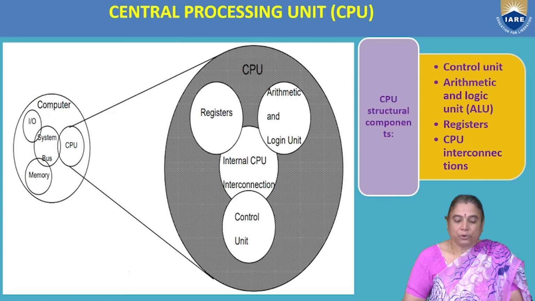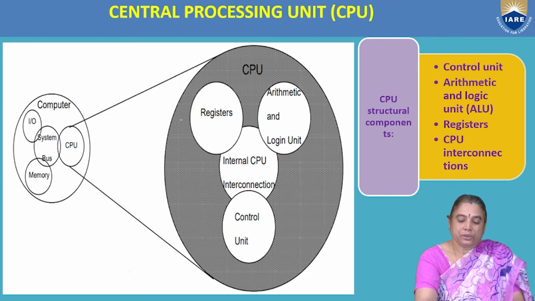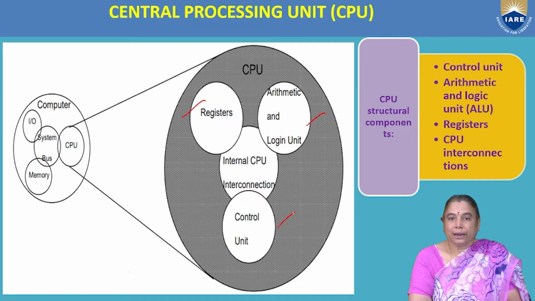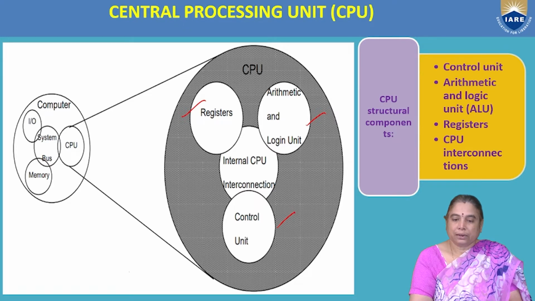Now we can explore the central processing unit. In the central processing unit, the internal components are majorly the registers, the arithmetic and logical unit, and the control unit. These units have to be interconnected with the bus organization. Registers are very small in size, very high speed, and are available within the processor.